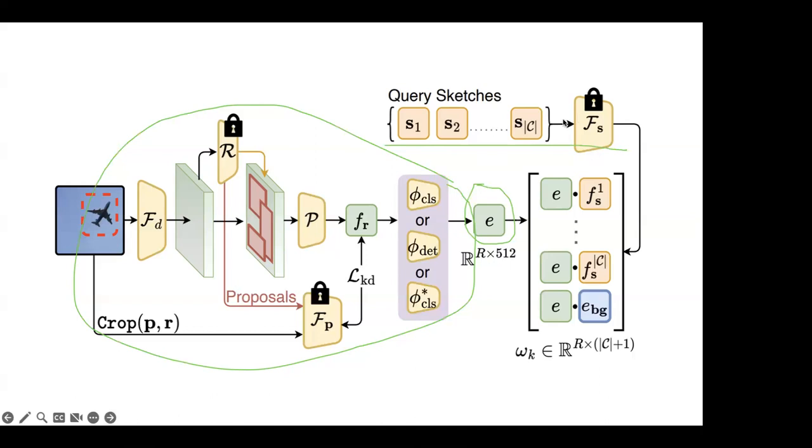And the training is also enhanced by the photo encoder, which accepts the features from region proposals and also the cropped region of the original photo, and computes an L1 loss on top of that.